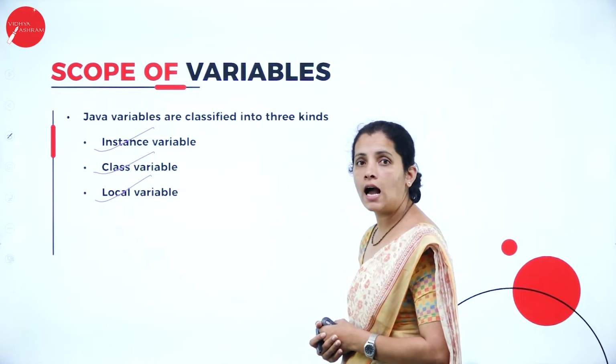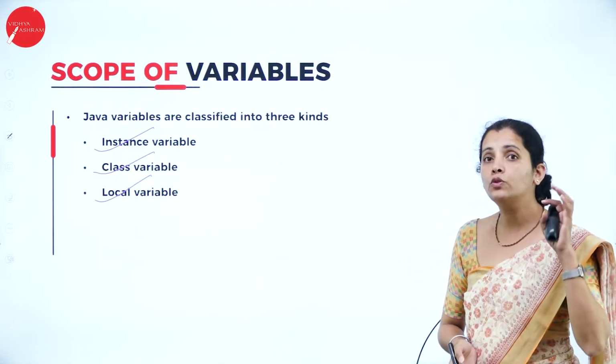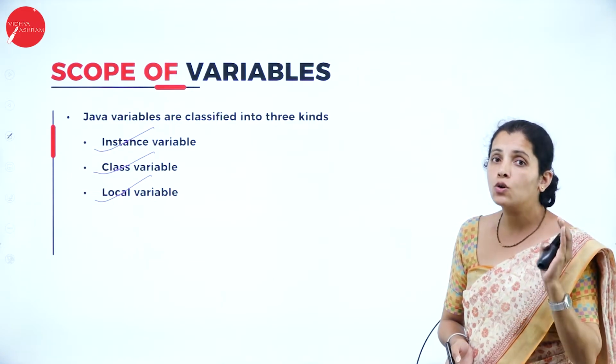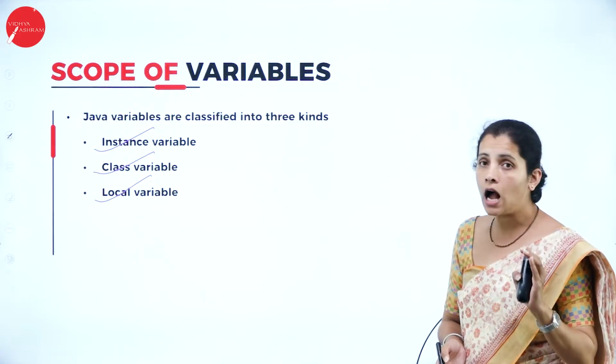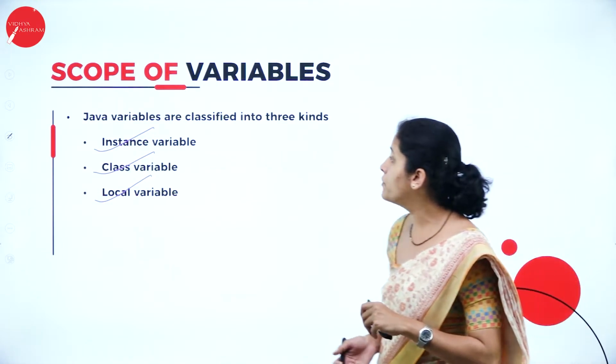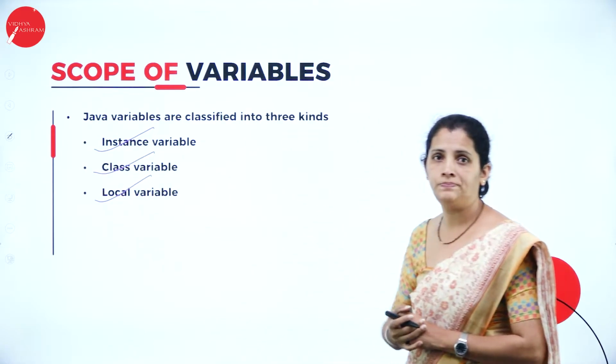Then, what is a class variable? Whatever variable I create within the class, the scope of the variable is throughout that class, and those kinds of variables are called class variables.